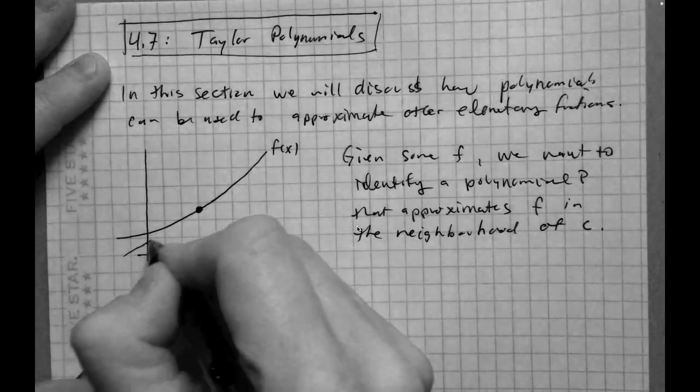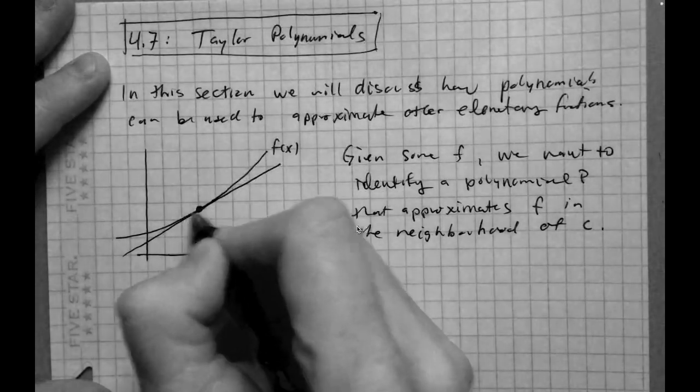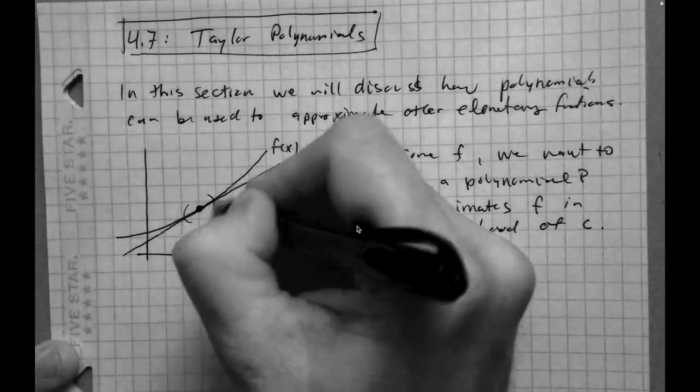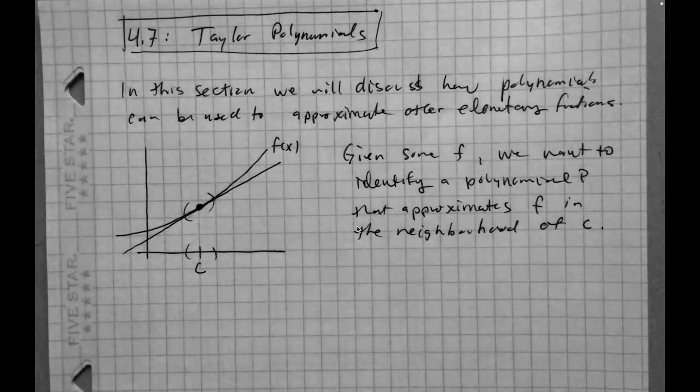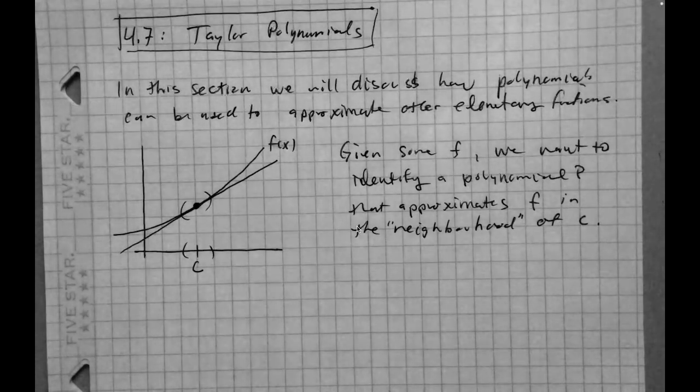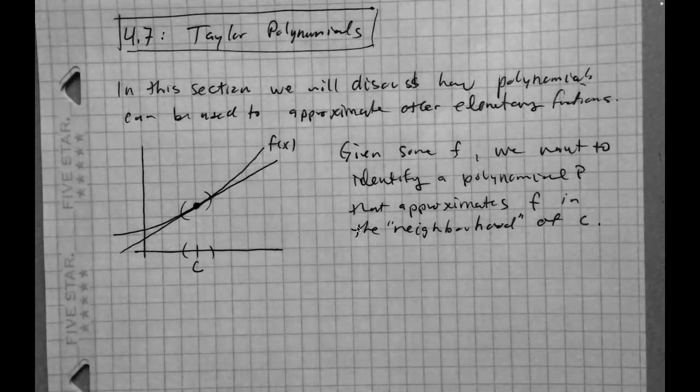We're going to try to find some kind of polynomial that agrees with f in some neighborhood of this value c. Now this term neighborhood, we use it loosely here. If you go further in the math career, when you get into analysis, the idea of neighborhood is very specific and rigorously defined. But here we just mean values near c. That's a loose way of thinking about it.